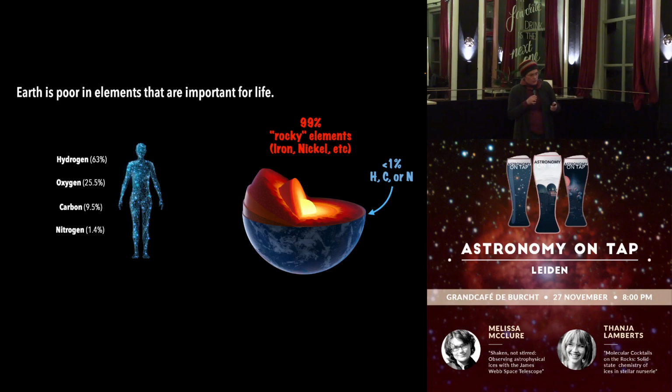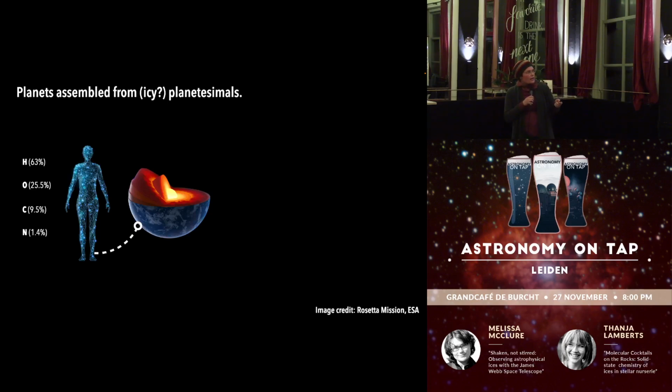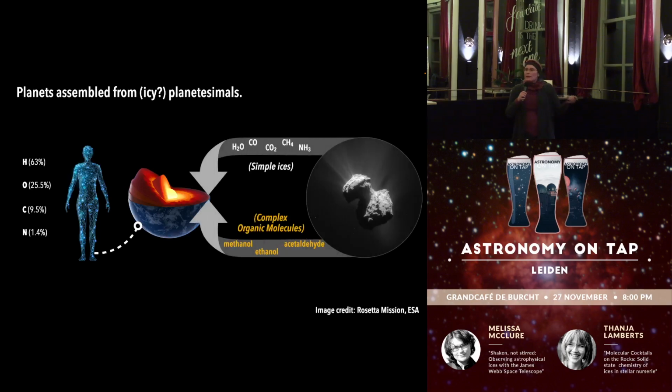But most of the material that we need for life is only located in this very thin skin on the surface of Earth. And looking at things like how heavy specific elements are, we think that actually these materials were brought to Earth potentially by something like comets.